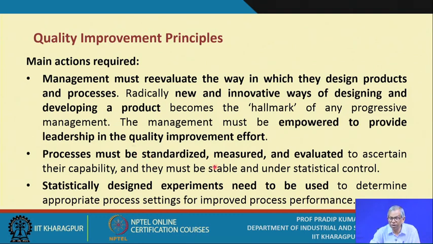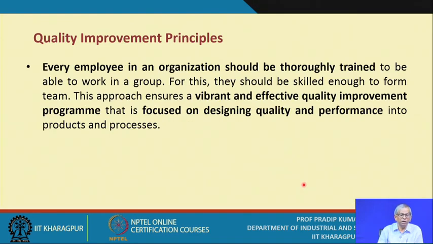Processes must be standardized, measured and evaluated. This is two. The third one is that statistically designed experiments need to be used. This point I have already mentioned. And every employee in an organization should be thoroughly trained to be able to work in a group. For this, they should be skilled enough to form teams.